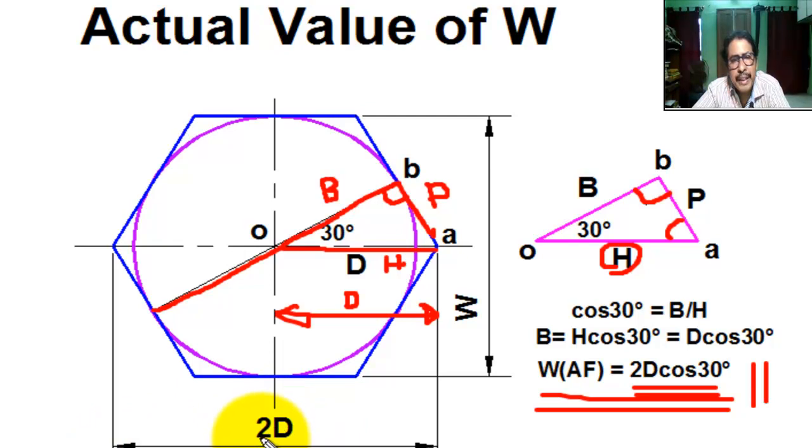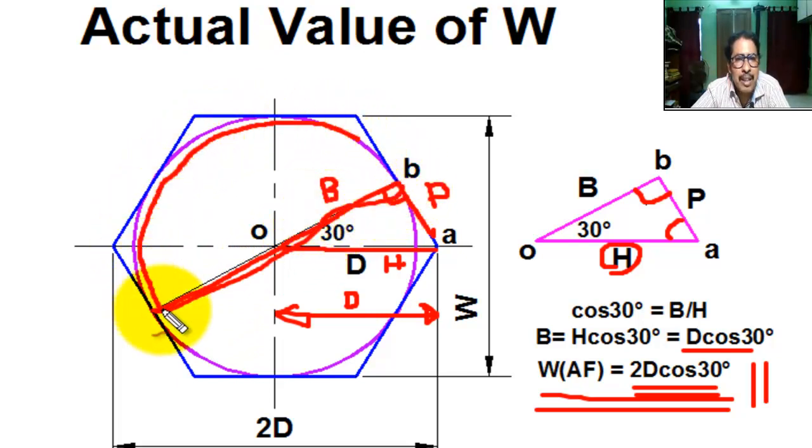This is 2D, this is D. So the diameter of this circle equal to 2B, equal to W.